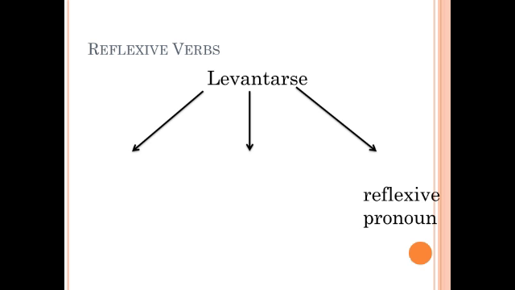In this case, when it's attached to the infinitive, it's just se. And it has an ending, and it has a stem. So again, reflexive verbs have 3 parts: the stem, the ending, and the reflexive pronoun, which is the dead giveaway as to how you know it's a reflexive verb.